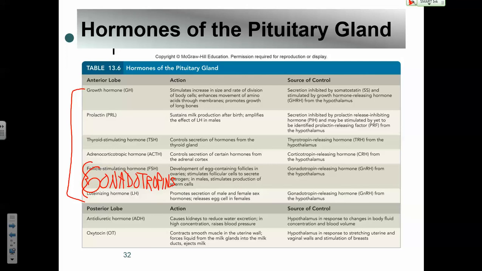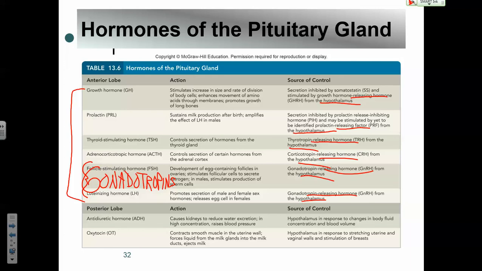But for every one of these anterior lobe hormones, they will not be produced unless what? There's a releasing hormone from the hypothalamus. Okay, that's the source of control.